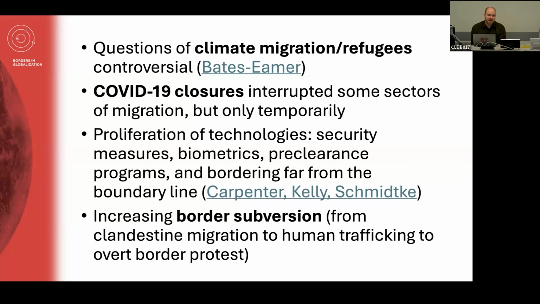And does it make sense to perhaps introduce a new category of refugee? The existing category of refugee applies to folks who are politically persecuted by a state. It does not include people who move because, say, for example, the coastline has eroded and their home community is lost due to rising sea levels.